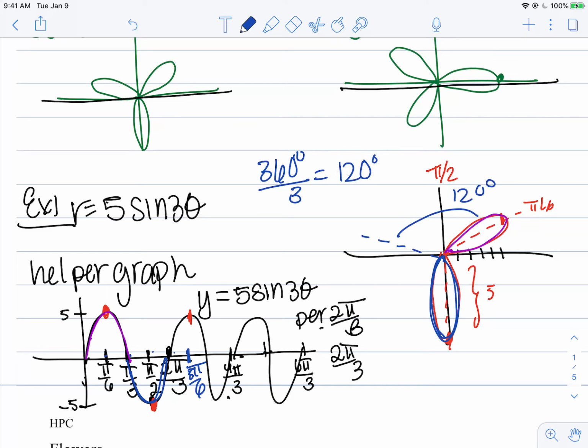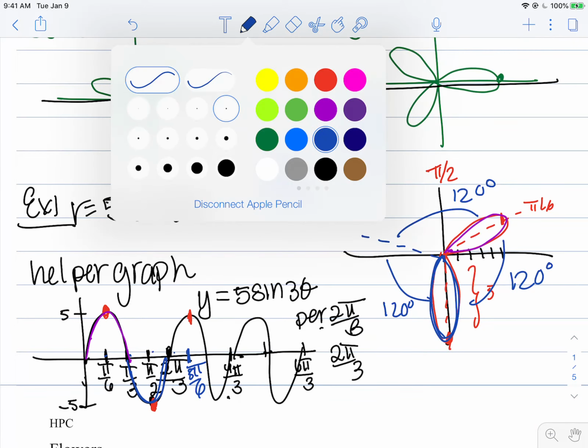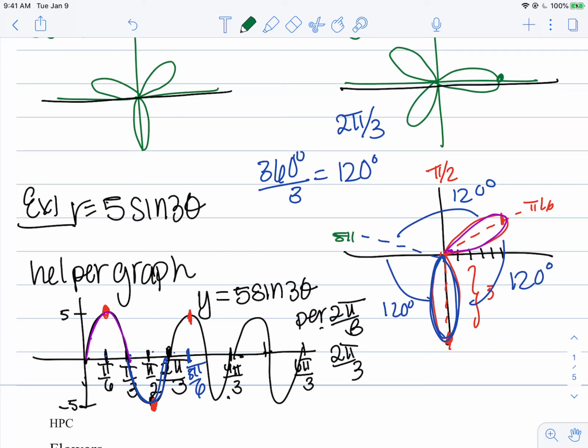So that's 120 degrees apart, that's 120 degrees apart, and that's 120 degrees apart. That's 2 pi over 3 apart, if you want to do the fractions there. You just have to add 2 pi over 3 to pi over 6 to get the next leaf. And you get 5 pi over 6, and that's how we get that leaf that's there, okay?